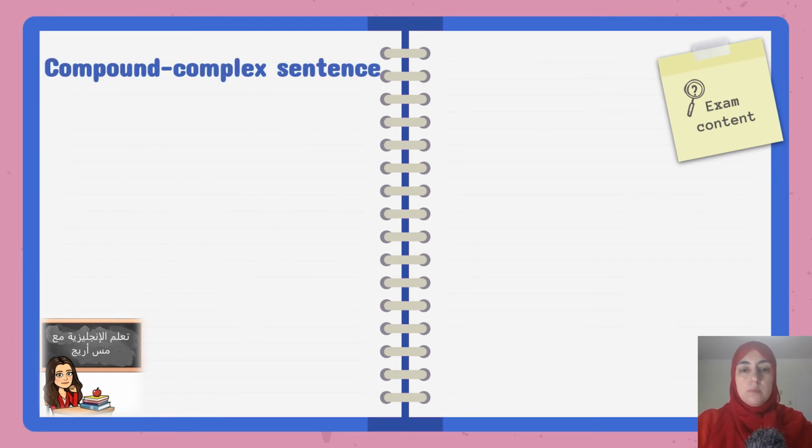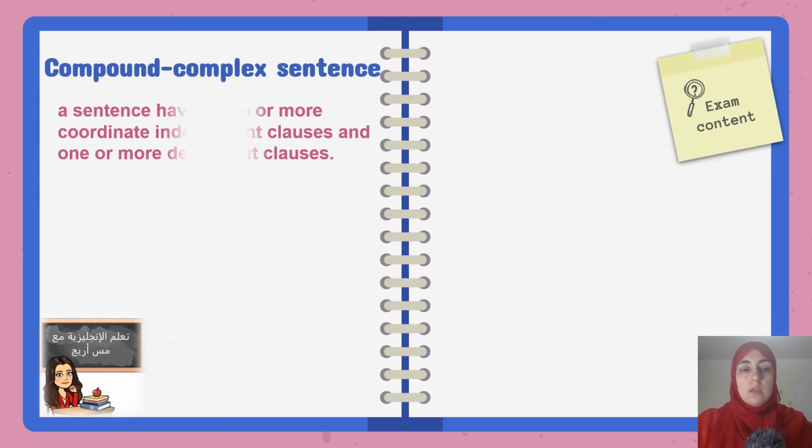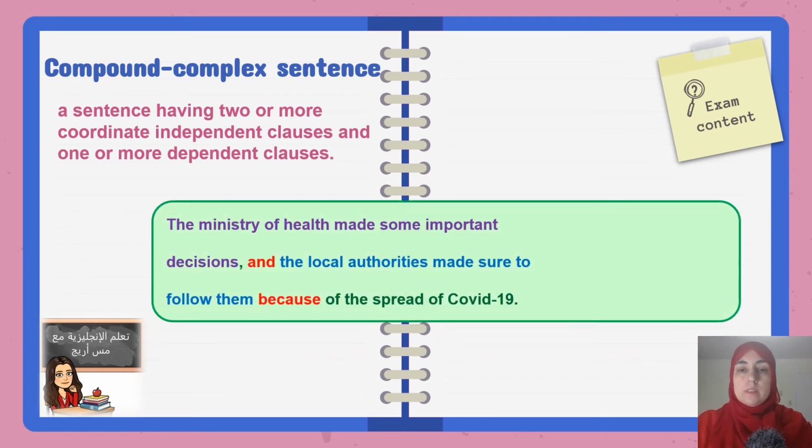Now, the last type of sentences is called compound complex sentences. Now, this is a sentence having two or more coordinate independent clauses and one or more dependent clauses. Let's look at this example together. The Ministry of Health made some important decisions, and the local authorities made sure to follow them because of the spread of COVID-19.